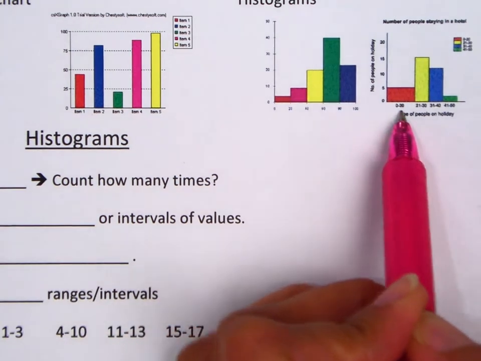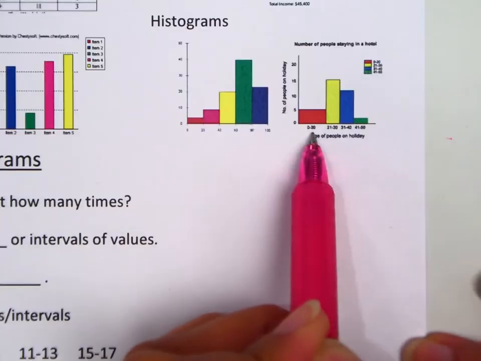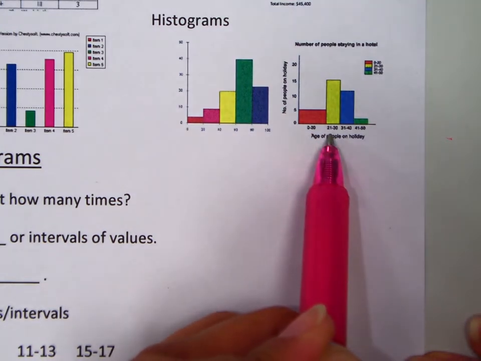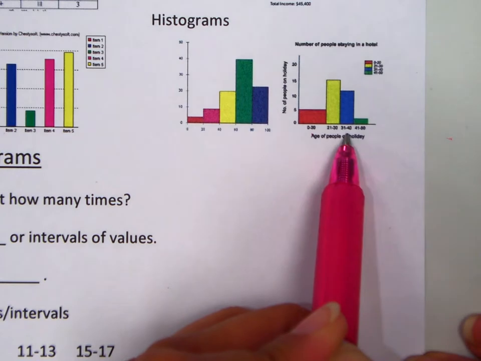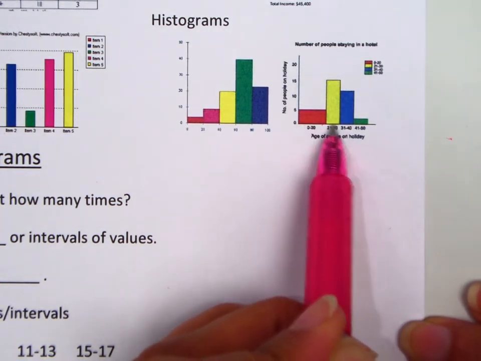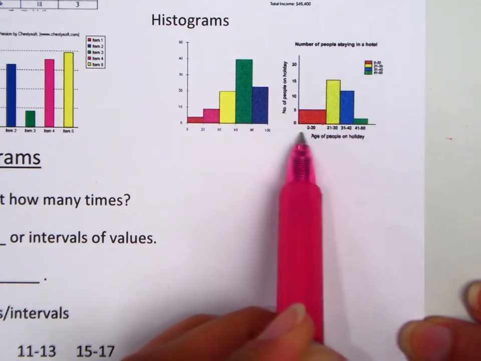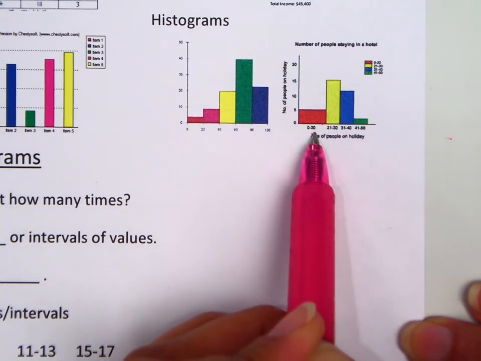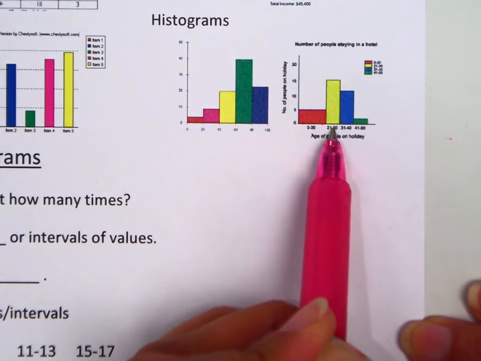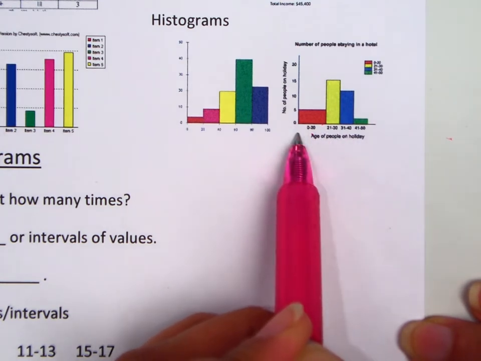You can also write your ranges, and this is really hard to see, but this says 0 to 20. This one says 21 to 30, 31 to 40, but I want you to notice the bars. This one is really fat compared to this one that's a little bit thinner, and that's because this range is twice the width as this range. This is only a range of 10 and this is a range of 20.